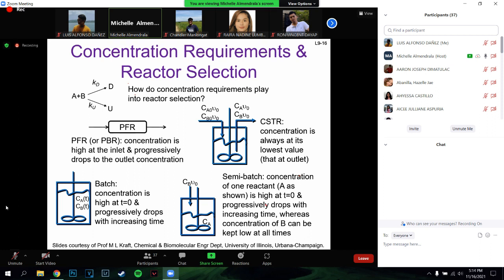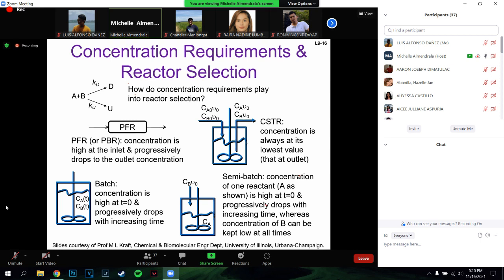How do concentration requirements play into reactor selection? In that case, for the first one, for PFR, the concentration is high at the inlet, which is correct because at the inlet the reactant flows in and the reaction will start.